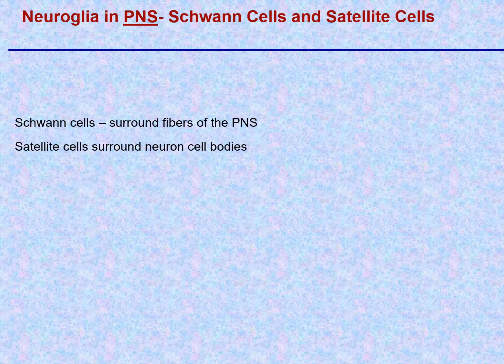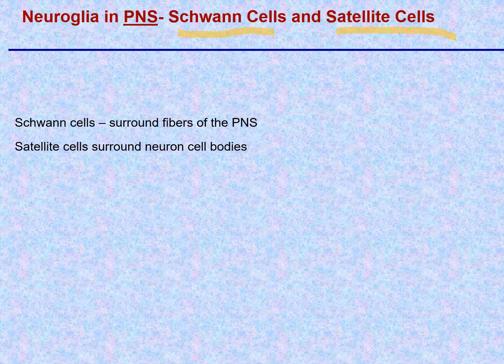Now that's in the central nervous system. In the peripheral nervous system, the neuroglia, remember neuroglia are the supporting cells we talked about. In the central nervous system, we've talked about astrocytes, microglia, ependymal cells, and oligodendrocytes. In the peripheral nervous system, those are nerves going into and out of the brain, the cranial nerves, and from the spinal cord, the spinal nerves, you have neuroglia called Schwann cells, and you also have neuroglia called satellite cells.